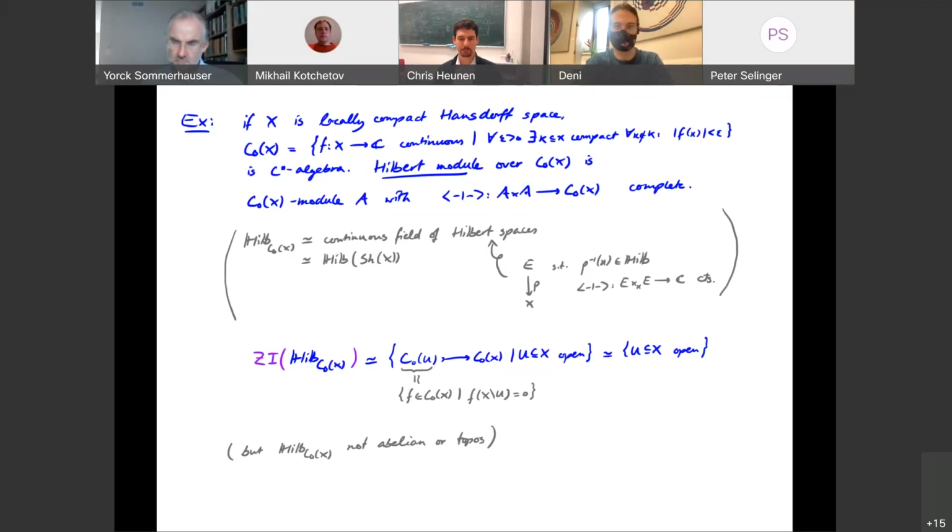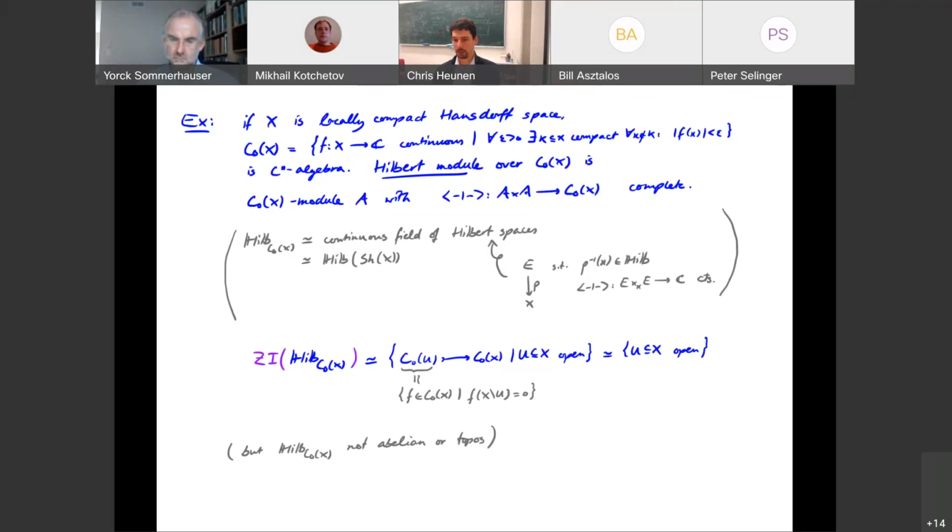So Cauchy sequence at the first level, what do you mean by that? You have a sequence of elements in A, let's call them little a_i, such that a_i minus a_j in a product with itself is a sequence in C_0(X).